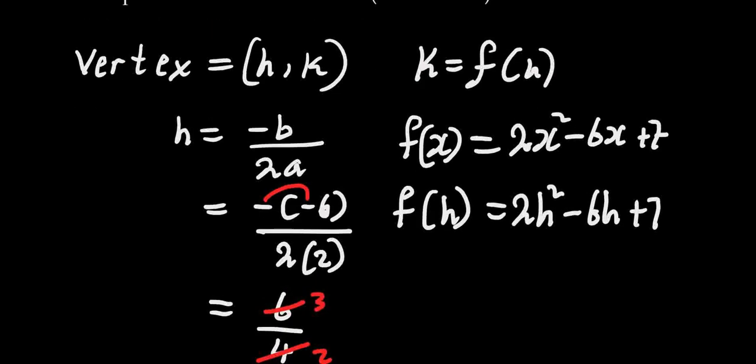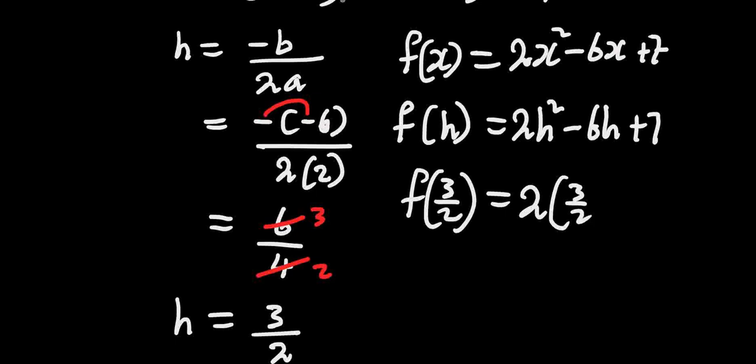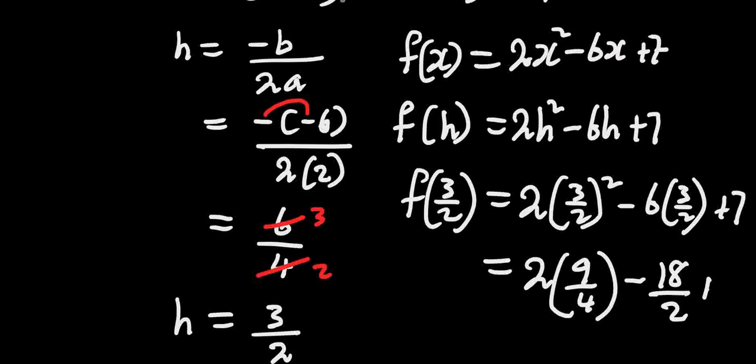So now, since the value of h is 3 over 2, this will become f of 3 over 2 equal to 2 times 3 over 2 squared minus 6 times 3 over 2 plus 7. And this will be equal to 9 over 4, minus 18 over 2 plus 7.